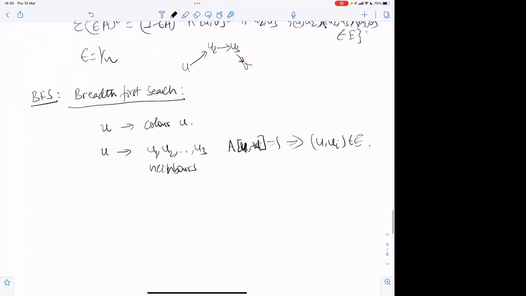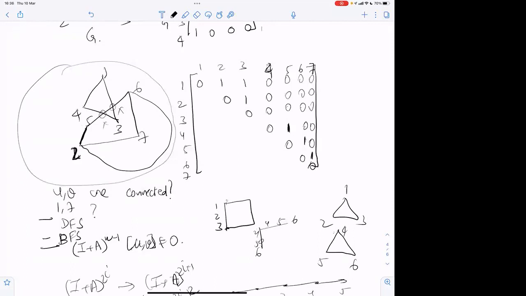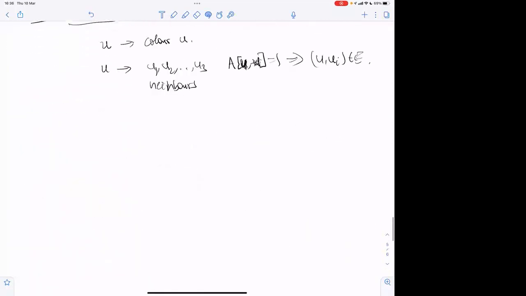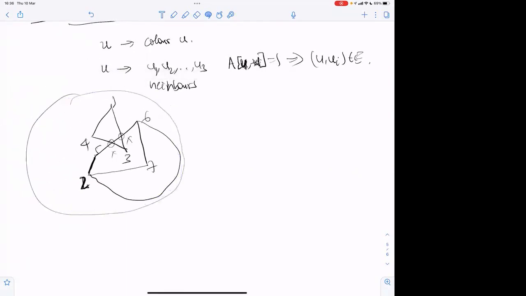So basically, what are we saying in this graph? How would we do it? One second, let me copy the graph. So you start with 1. You color 1.